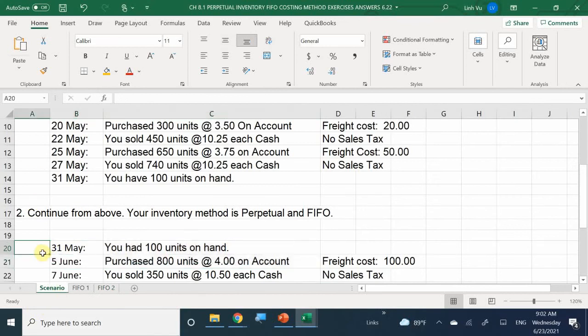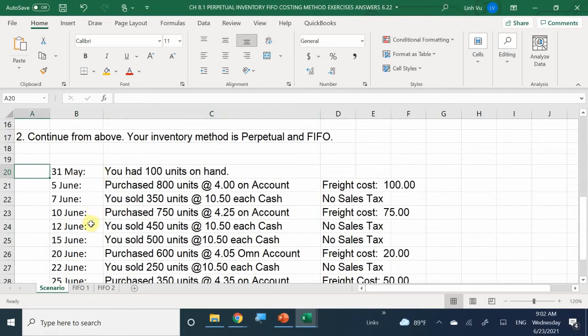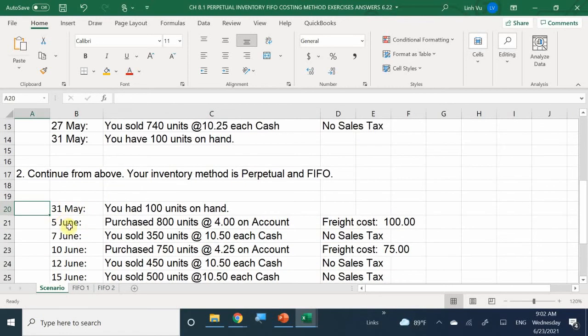Here we just finished May 31st. Then on June 5th, we end up purchasing 800 units at $4 each with the freight costing $100.